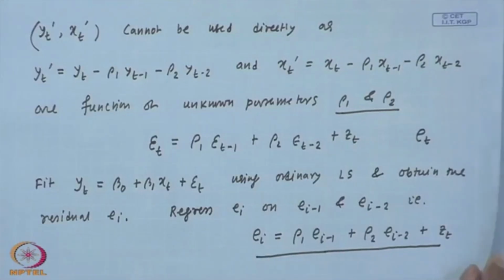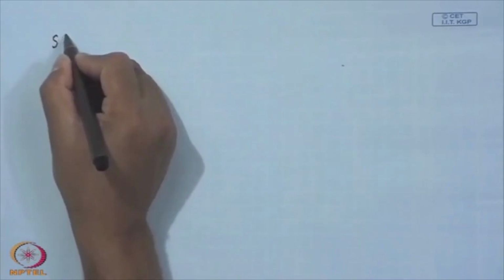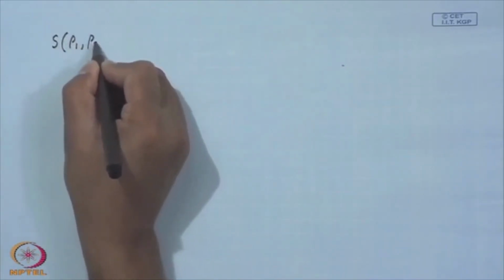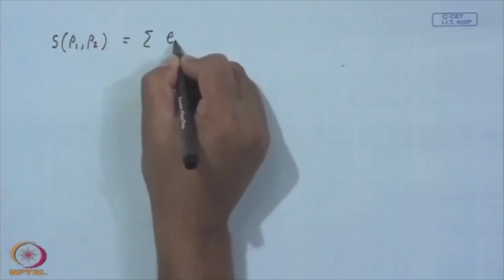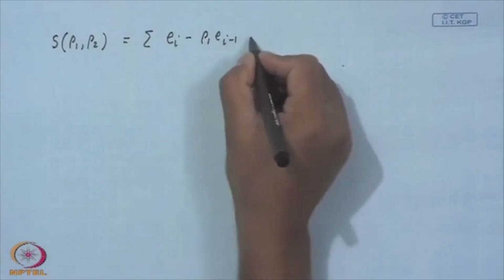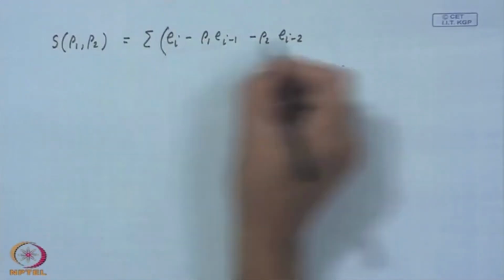So, how do you estimate the parameters rho 1 and rho 2? You compute the least square function S of rho 1, rho 2, which is equal to the sum of e i minus rho 1 e i minus 1 minus rho 2 e i minus 2, squared, and you minimize this.